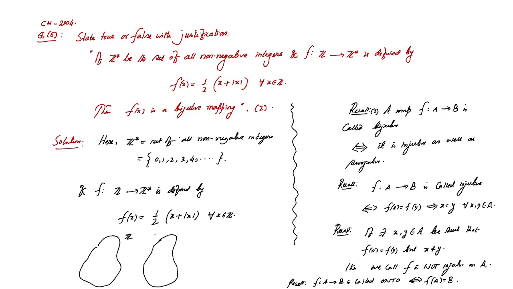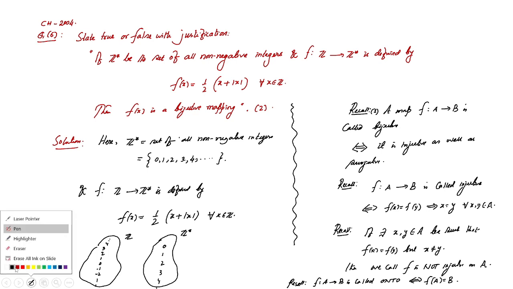Say this is your Z and this is your Z star. Z means 0, 1, 2, 3, 4 and so on, minus 1, minus 2, minus 3. And Z star means 0, 1, 2, 3, 4, the set of all non-negative integers.